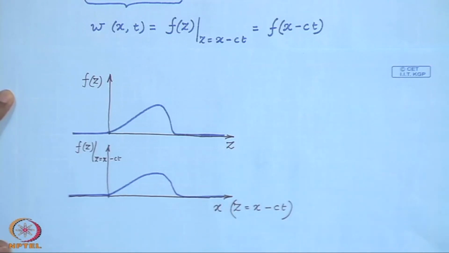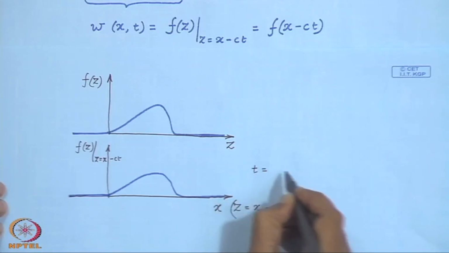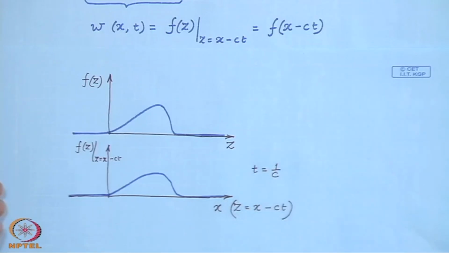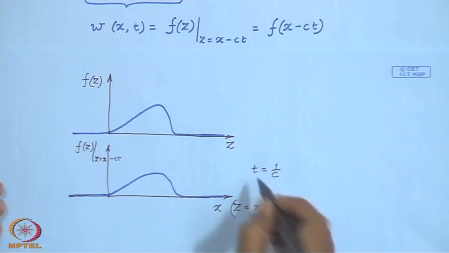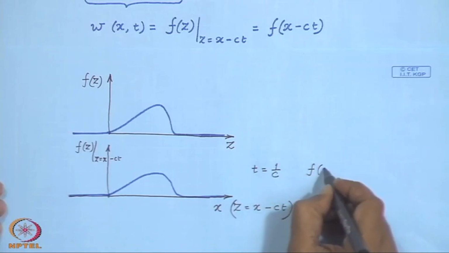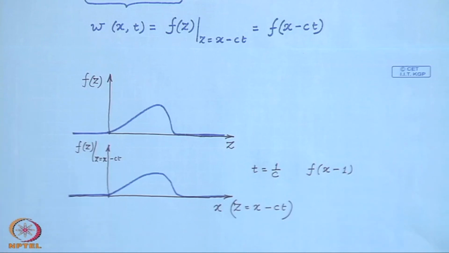At a certain time, what will happen? Suppose t equal to, let us say, 1 over c. So, what we have at t equal to 1 over c is f of x minus 1. So now I have to plot f of x minus 1.